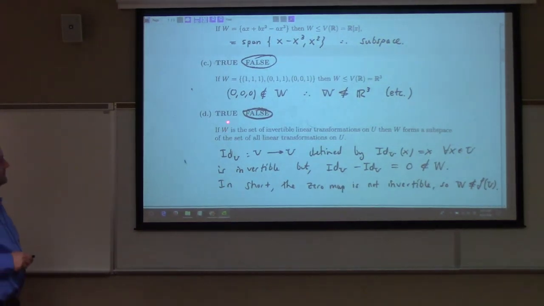This guy, well, that's a set containing 3 vectors that is not a subspace, right? If you multiply that by -1 or add 2 of these, you're outside. There's so many different reasons this is not a subspace, right? The span of these things would be a subspace, right?